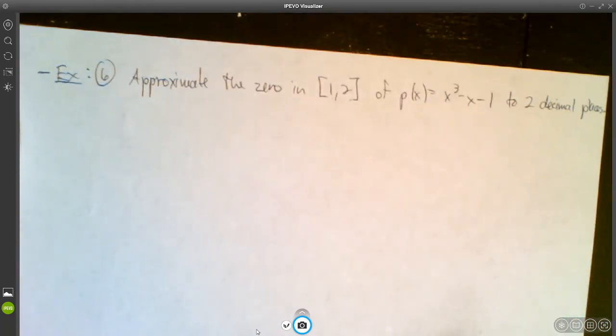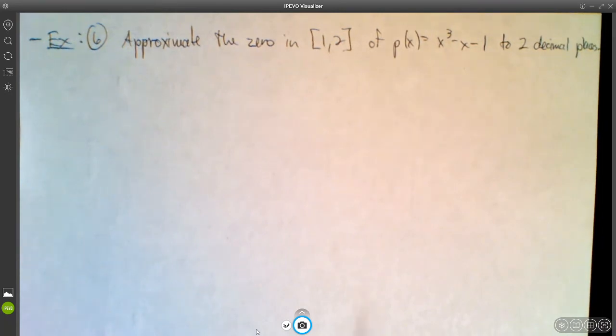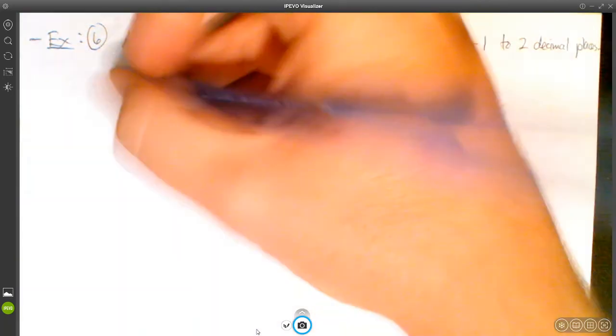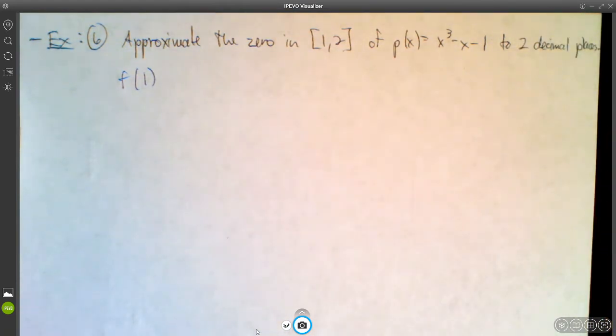Okay, so approximating this to 2 decimal places. We're told right away that there's a 0 in this interval between 1 and 2. What that means is that f of 1 and f of 2 should have different signs. So I'm going to use my calculator a lot here. Let me see what f of 1 is. I could do this in my head, but it's useful to just have it in my calculator.